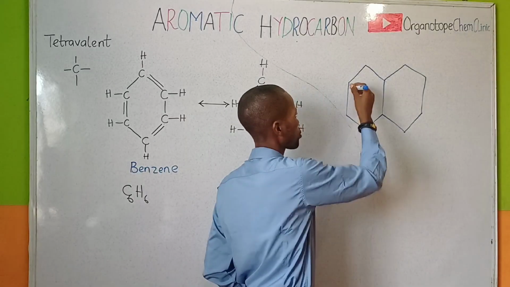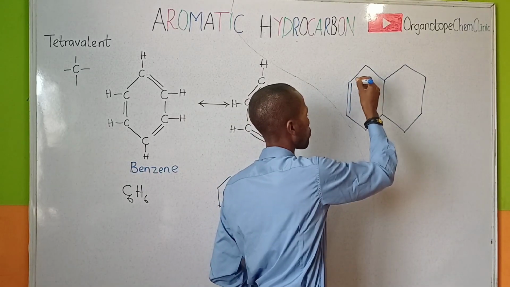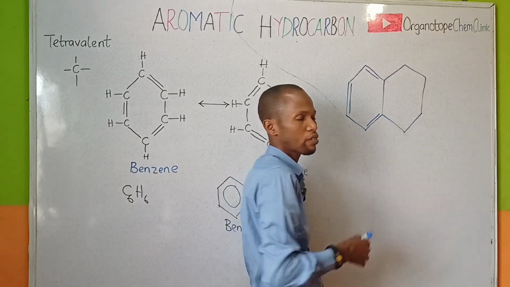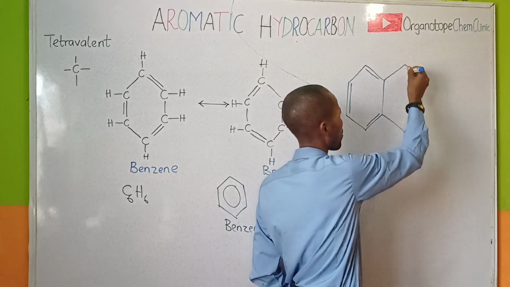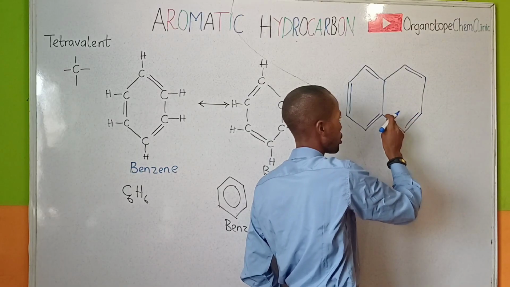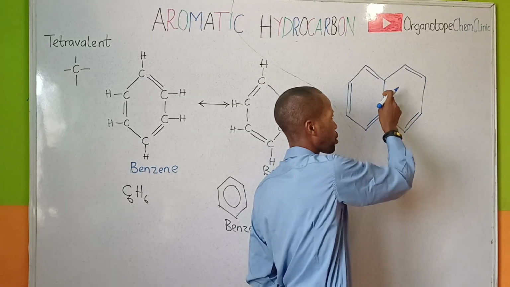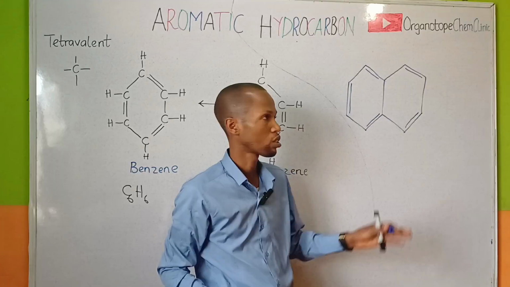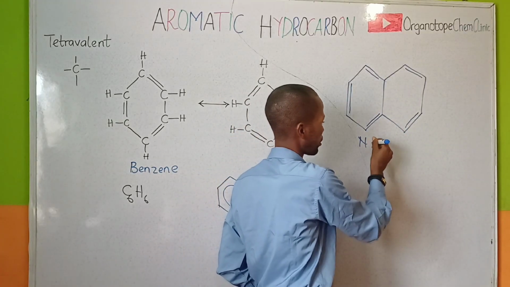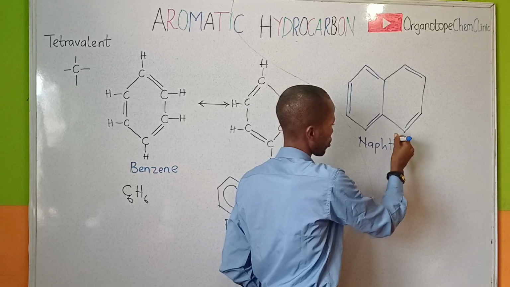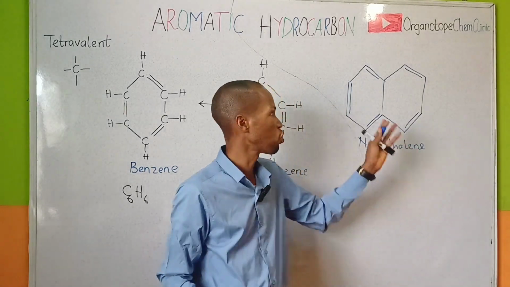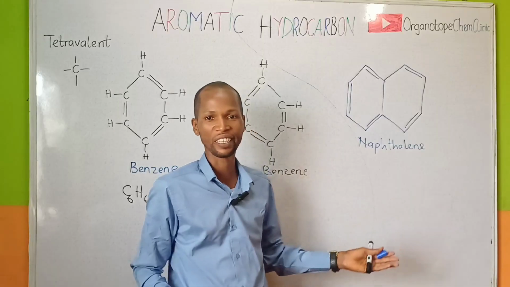So we are going to express the alternating double, single, double, single, double bonds right here, and we have the double, single, double bonds. There is a double bond here, so we are not going to include another double bond on this side. So right now we have what? Our naphthalene. So we have 2 fused benzenoid structures in naphthalene.